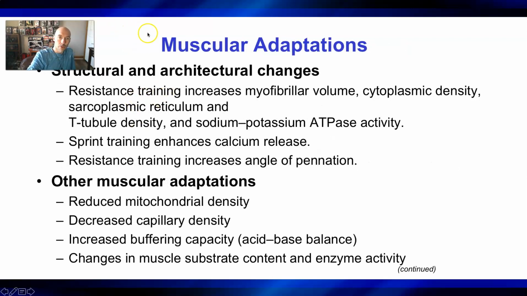As far as structural changes go, not only do we increase protein concentration in the muscle, but all of the support structures that promote muscle contraction are going to increase in concentration as well. So sarcoplasmic reticulum, T-tubules, remember those are the things that store and distribute calcium into the muscle fiber.